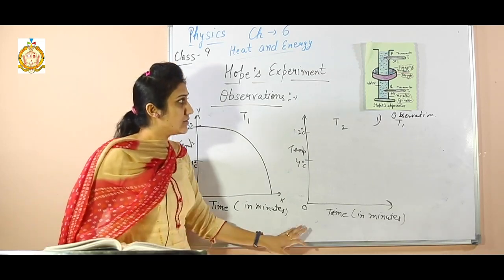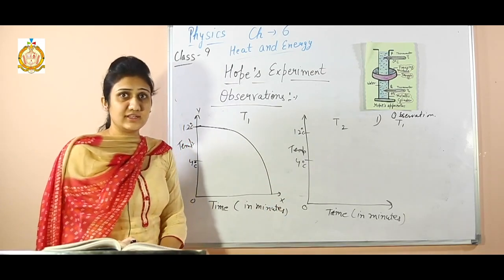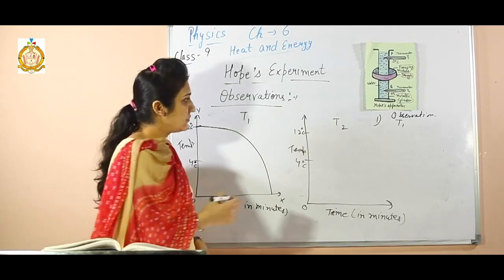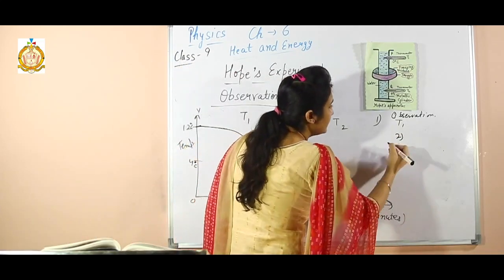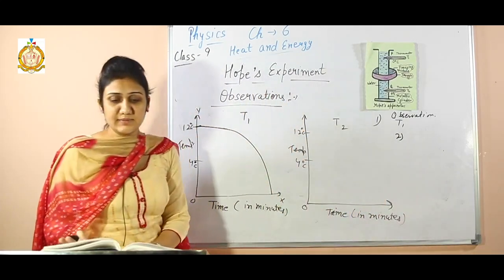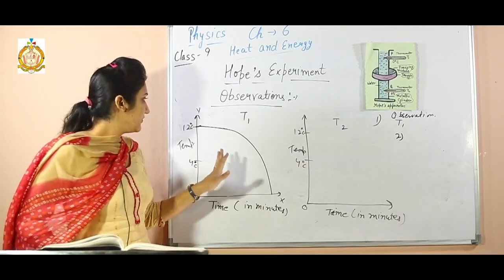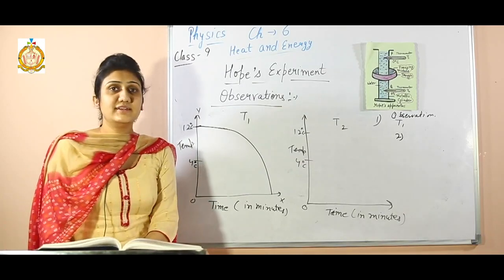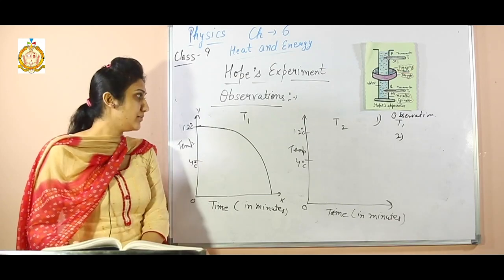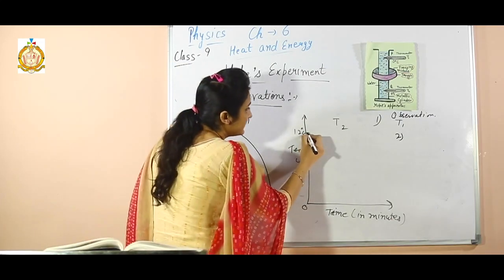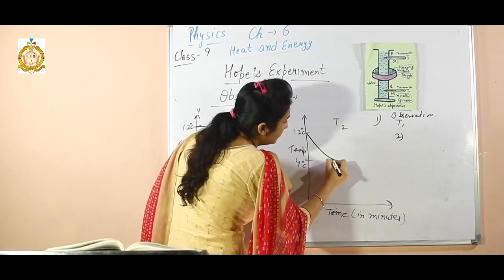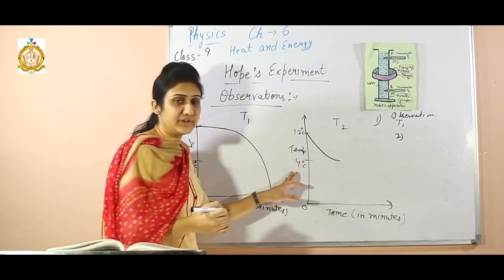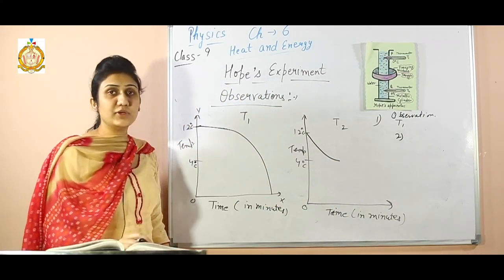Again for the thermometer T2 we can see that first it was same as that of the first thermometer, then it started decreasing in temperature, that is the temperature of thermometer T2 decreased up to 4 degrees Celsius and then it became steady.